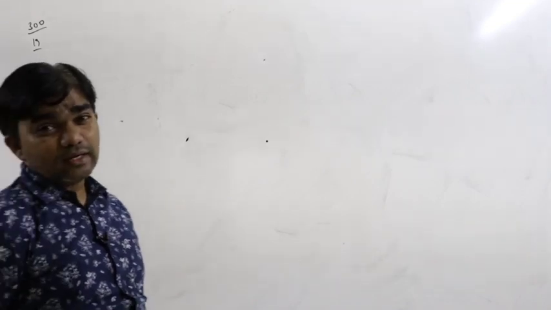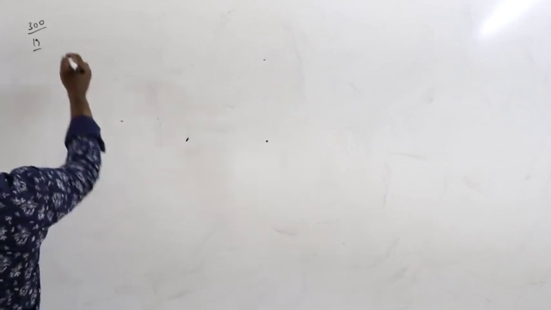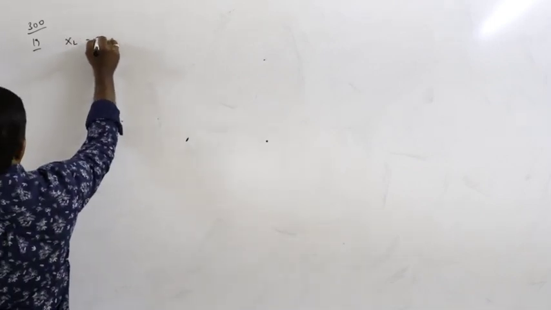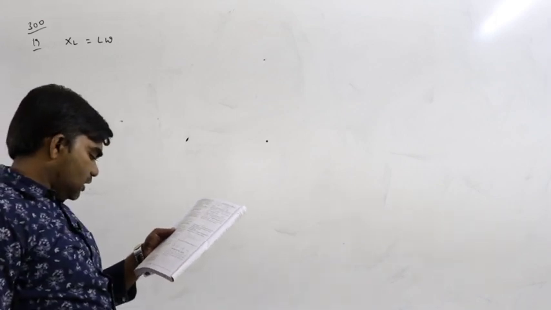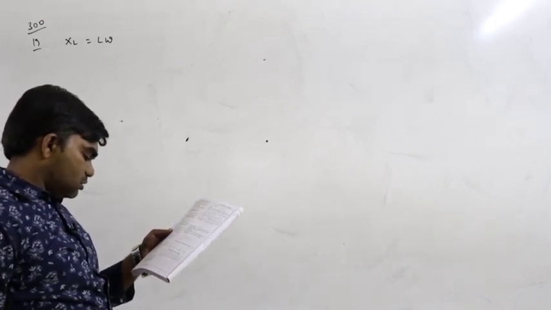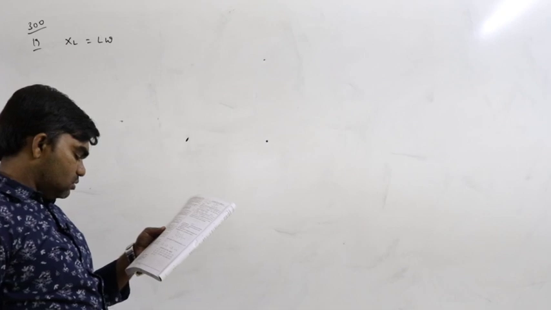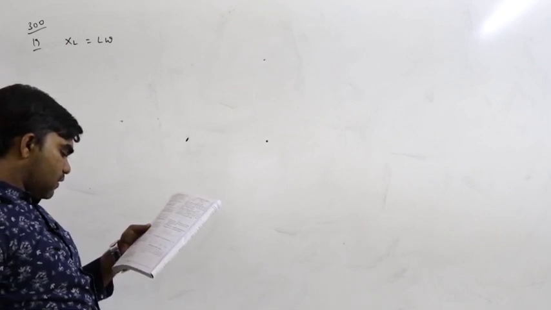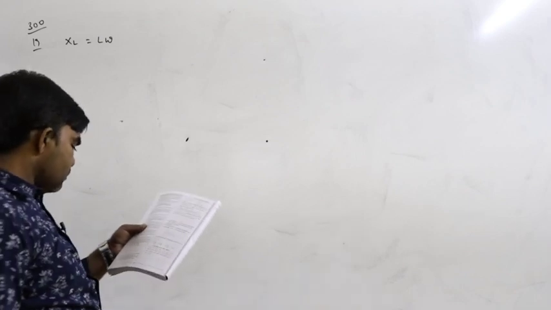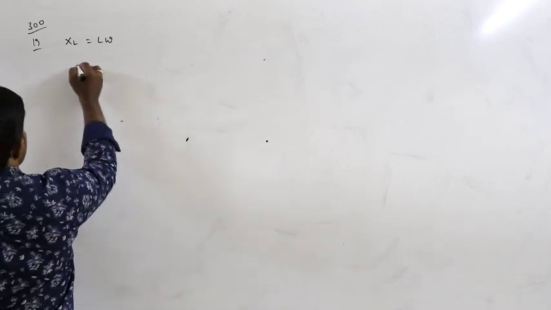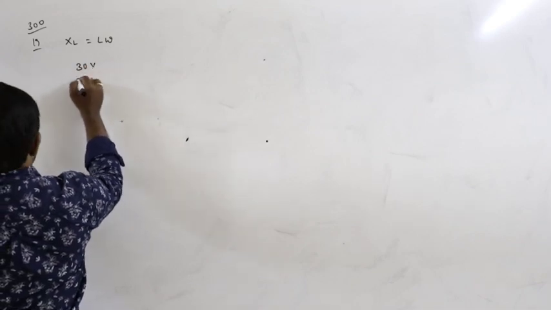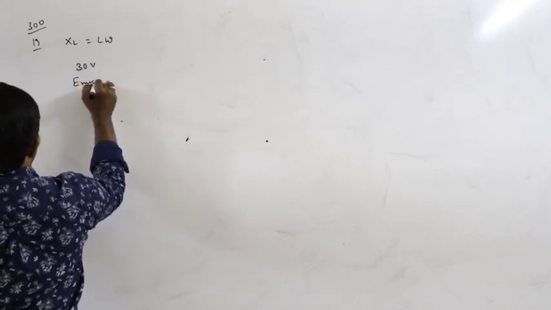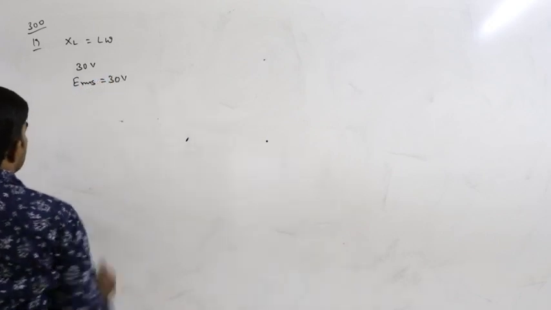What is inductive reactance? XL equals L omega. What is L? Inductance is not mentioned here. But it is a 30 volt AC source, so that means ERMS equals 30 volts.